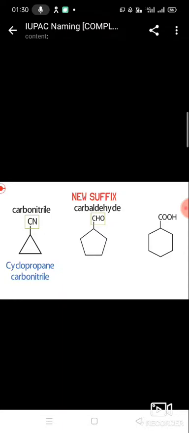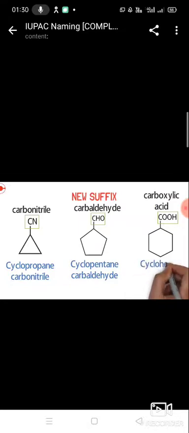In this pentagon, what is attached? CHO, an aldehyde, is attached. So cyclopentane carbaldehyde. Next, hexane is there with a COOH group present. So cyclohexane carboxylic acid.